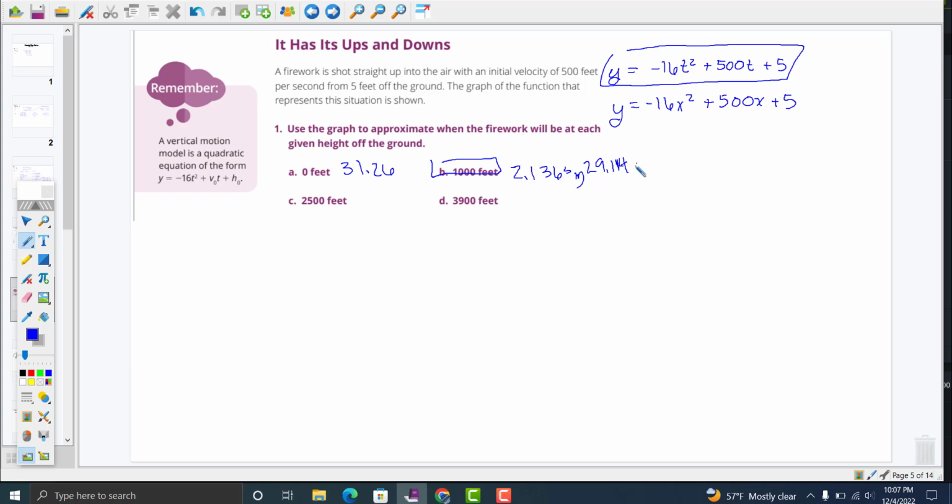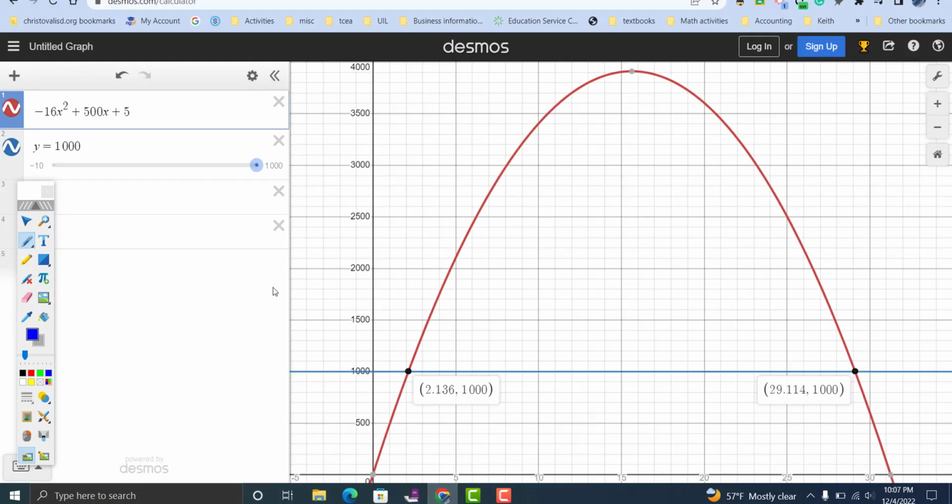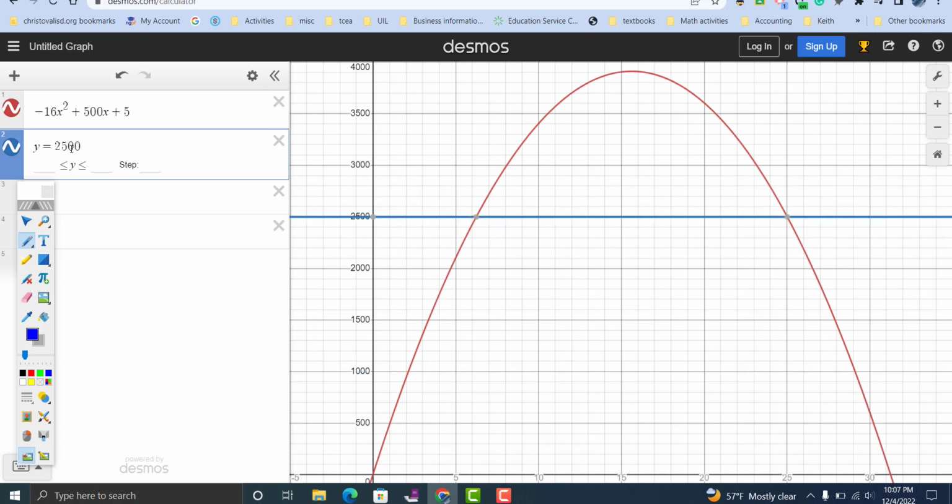So both of those are in seconds. And so at 2,500 feet, again, I'm narrowing that window down. And so I've got it a little bit closer, so those times are going to be a little bit closer. So 6.233 and 25.17.